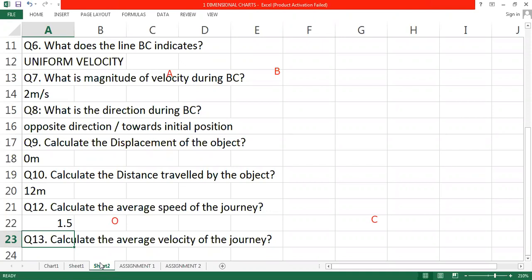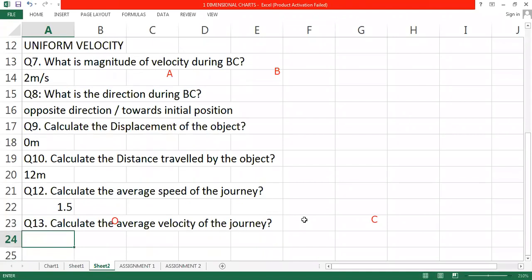Yes, very good. Okay, so what will be the average velocity? The average velocity will be zero.